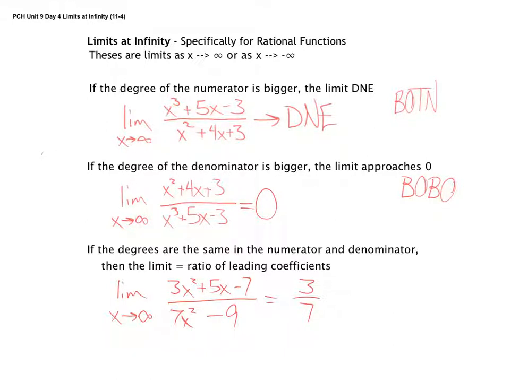Okay? So, think about it. A million squared is a whole lot bigger than 1,000,000. It's 1 trillion as opposed to 1,000,000. 1,000,000 out of a trillion is nothing, okay?